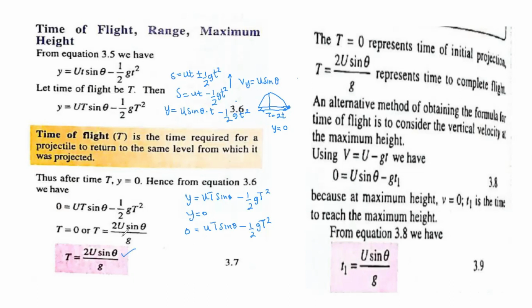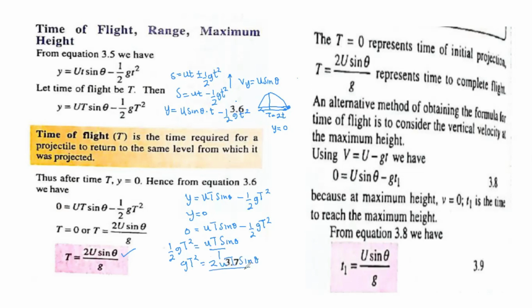So how do you get 2u sine theta over g? You can come like this. Look at it. I have half g t square is equal to u t sine theta. So cross multiply: g t square is equal to 2u t sine theta.